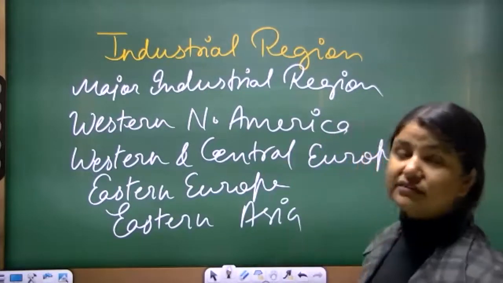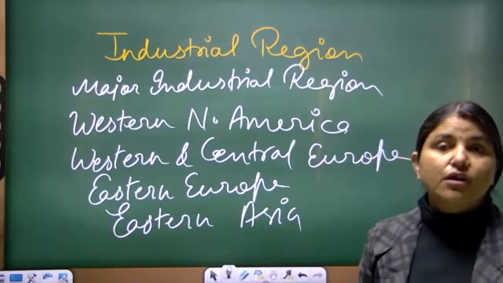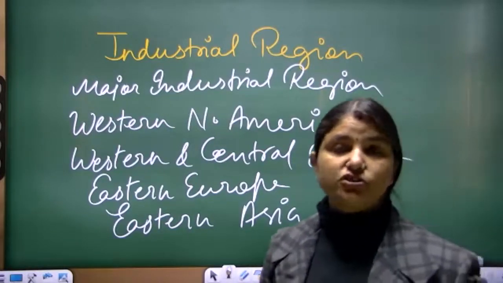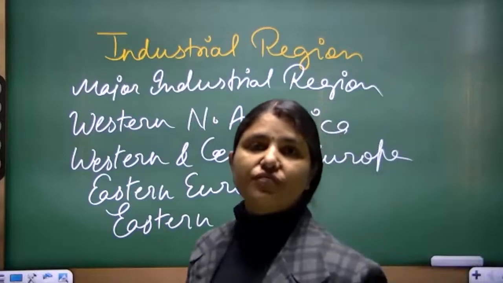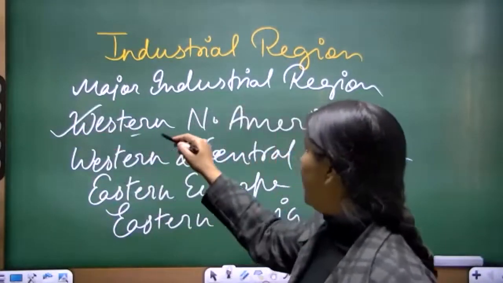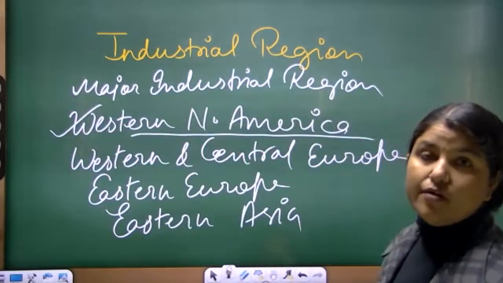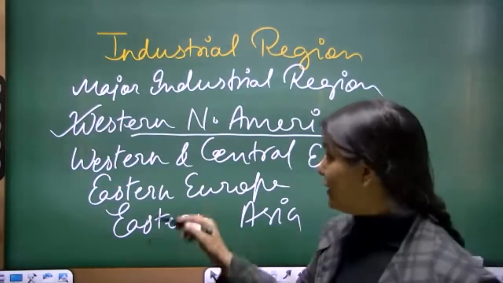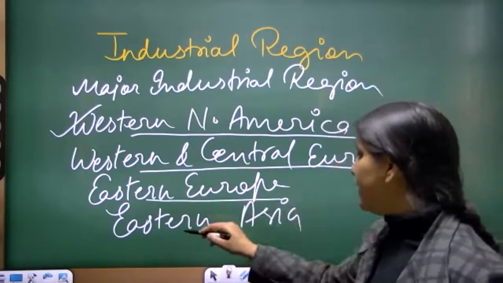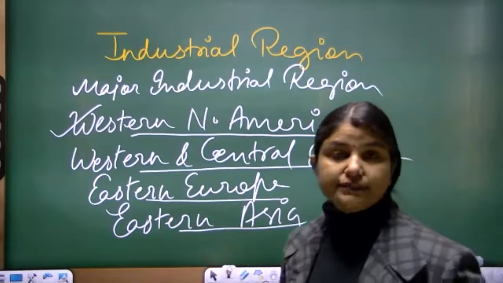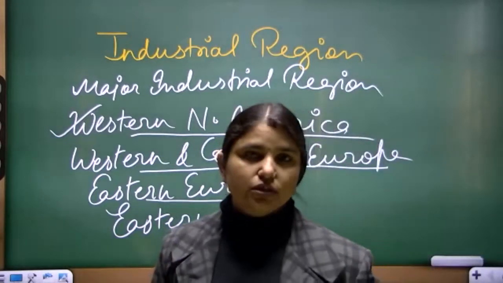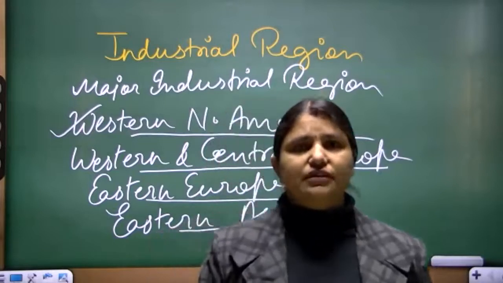So these are some of the areas where we find industrial regions, or clusters of industries. Look once again: western North America, meaning the western part of North America, western and central Europe, Eastern Europe, and Eastern Asia. These are the areas where we find the industrial clusters, or industrial regions.